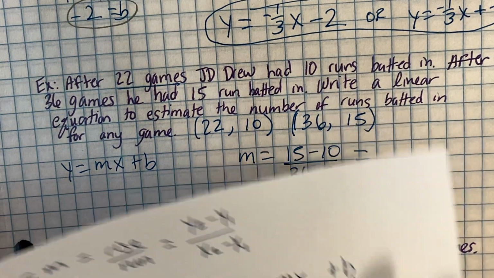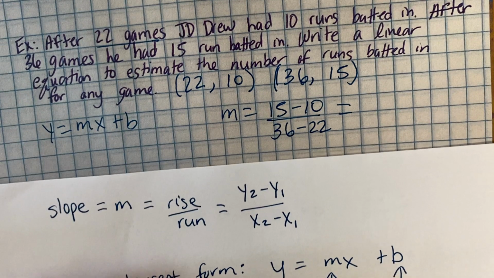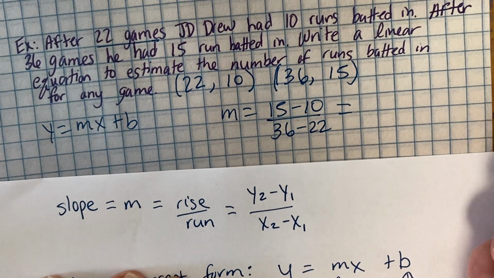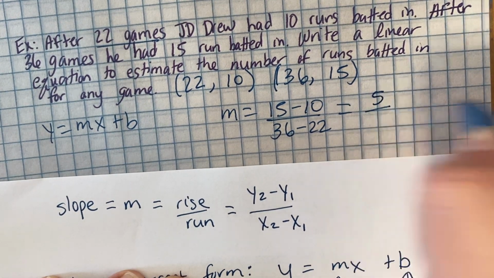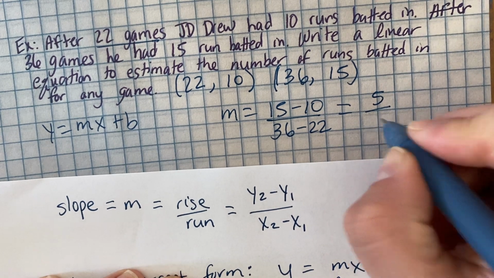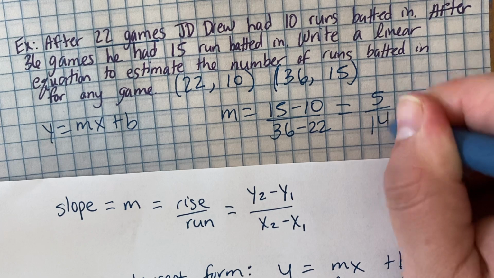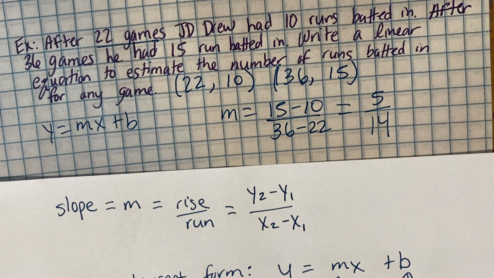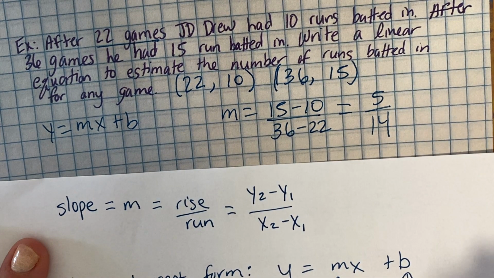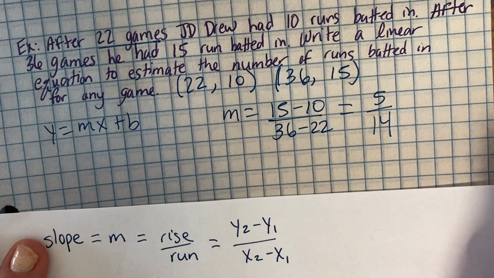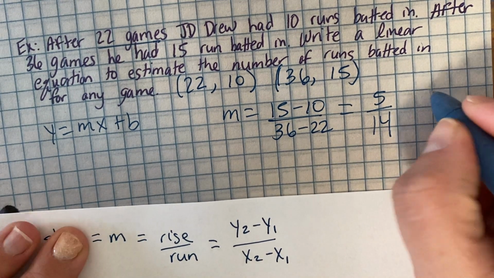Remember our equation right here. Subtracting our y's, I will have 5 over 14. That's my m.